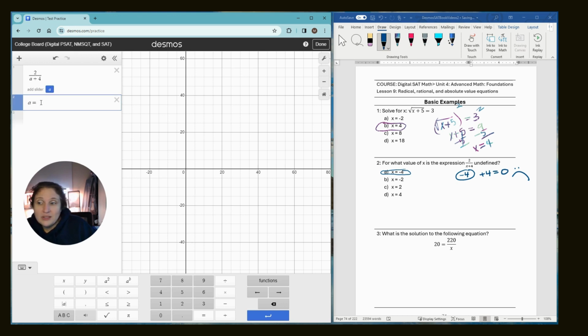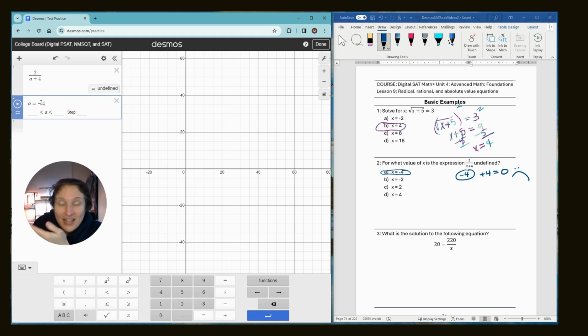If a equals -2, I get 1. Watch what happens when I say a equals -4. It literally gives you the word undefined. Desmos tells you the answer. So you can either graph it and figure out where the asymptote is, or you can use my favorite tool called the slider feature and get the answer that way.